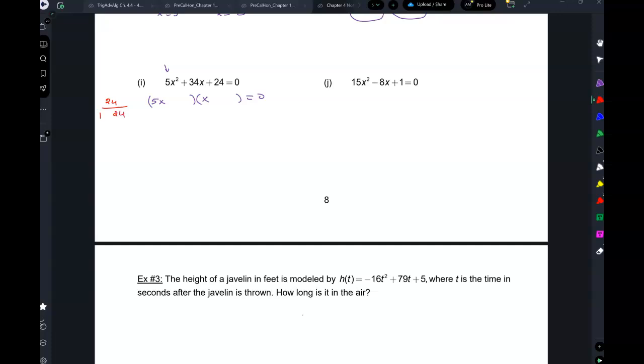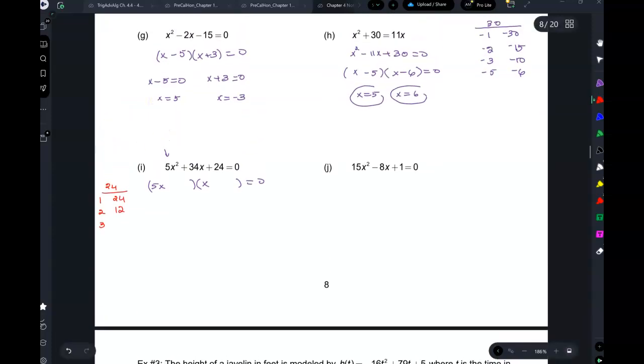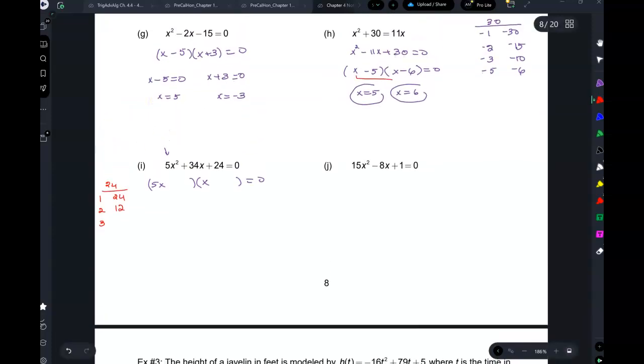1 and 24. Yeah. Like first, outer, inner, last, when you multiply the binomials. So look, when you're multiplying out these two, you know how first you do x times x.